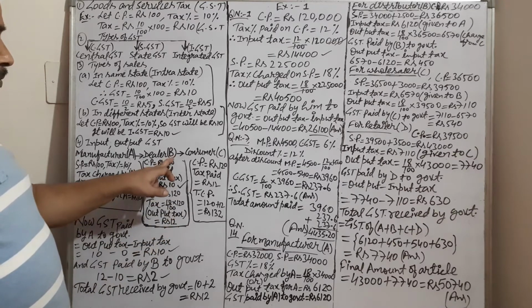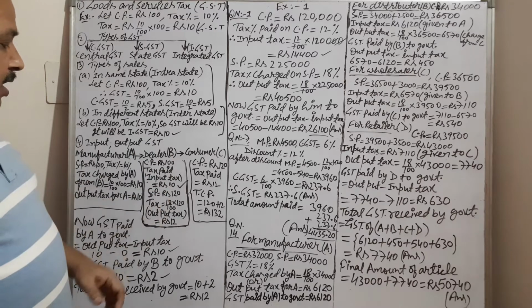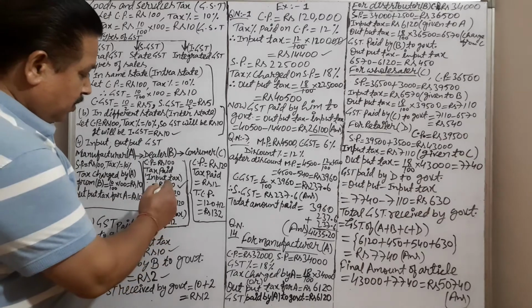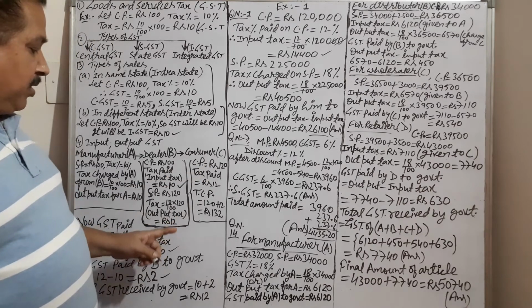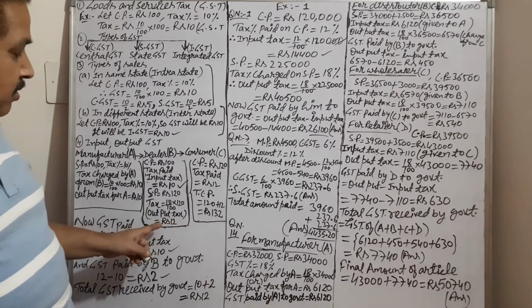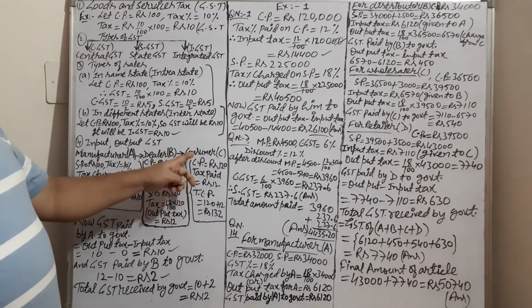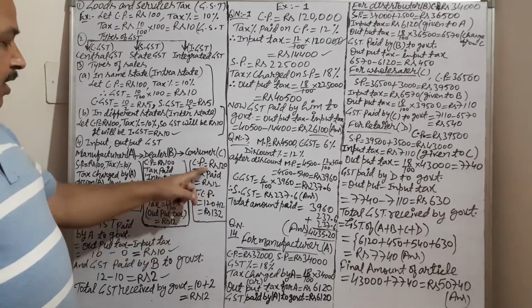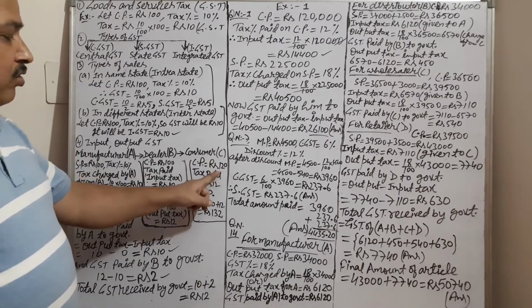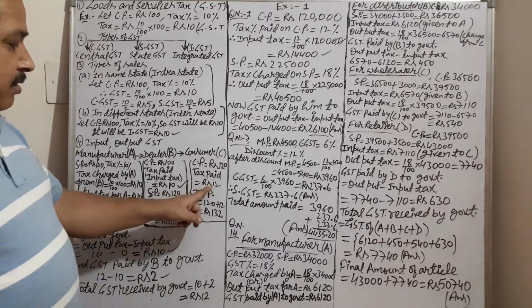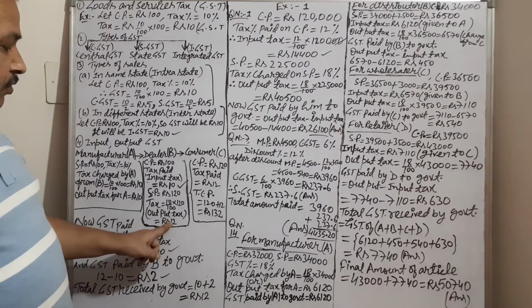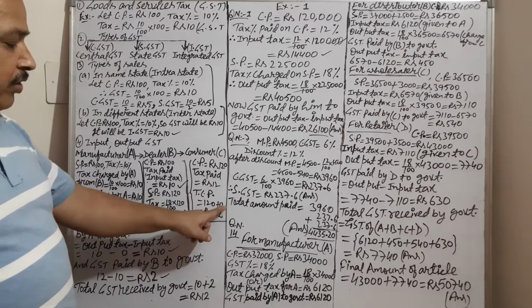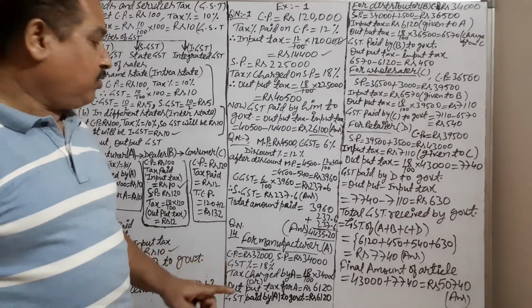The tax given by B to A is 10 rupees, and the tax charged by B from the consumer is 12 rupees, so that is the output tax. And now the cost for the consumer: selling price 120, cost price for the consumer 120, tax paid by the consumer 10%, 12 rupees. So the total cost will be 120 plus 12, 132.